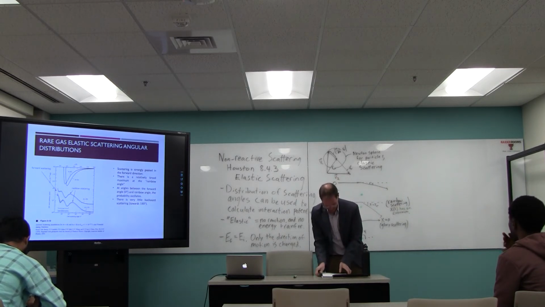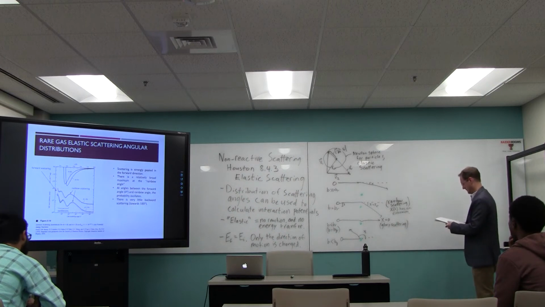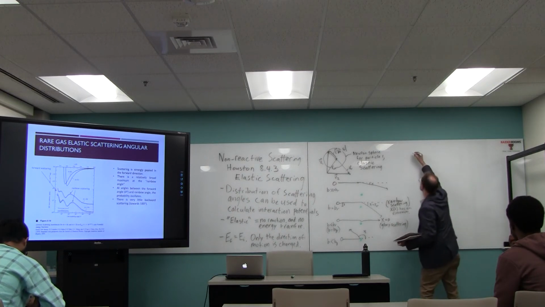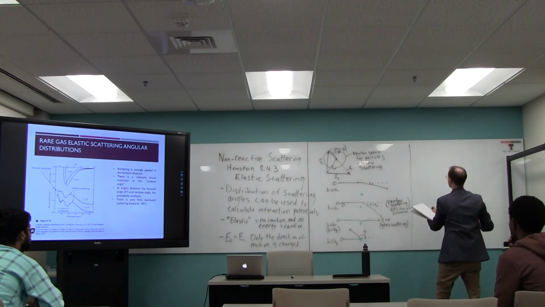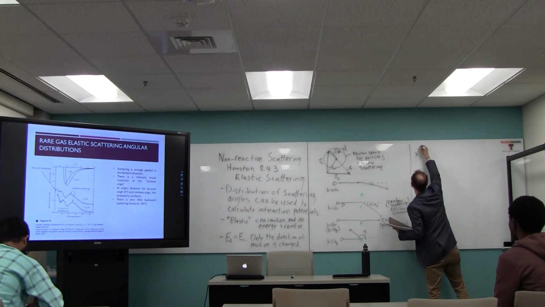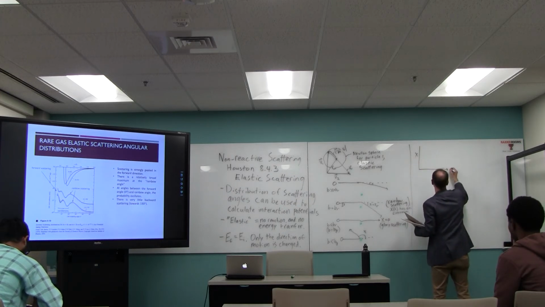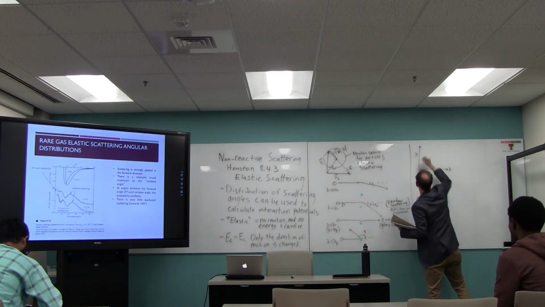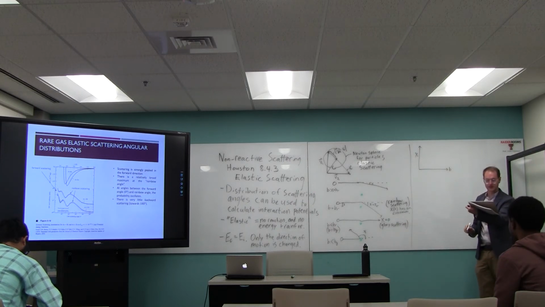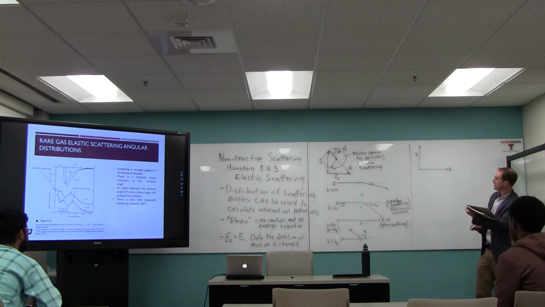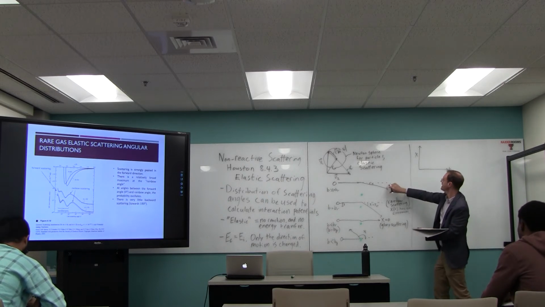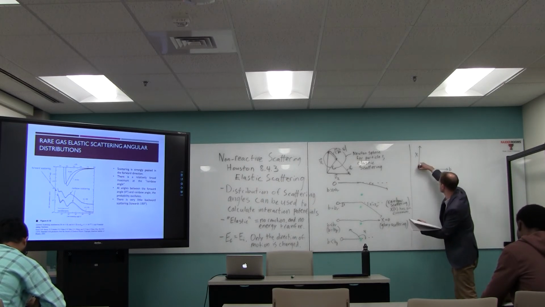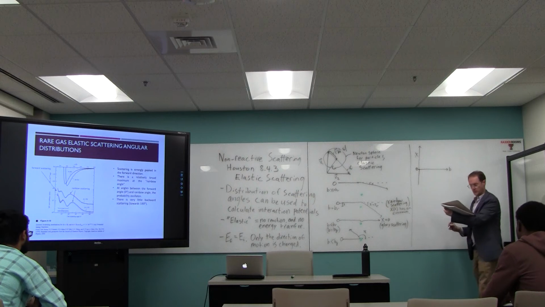Okay, and so you can draw a figure, right? We can plot the scattering angle as a function of the impact parameter. And so if we draw this figure, what's it going to look like? When the impact parameter is very high, here's chi equals 0, right?